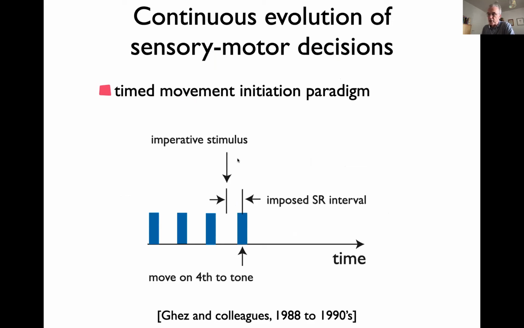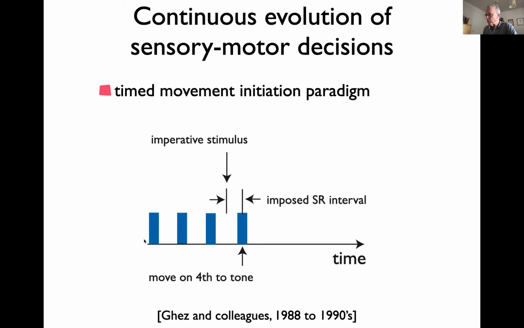It turns out one can actually observe that directly in behavioral experiments. One way to do that is what is called the time movement initiation paradigm that Claude Ghez and his colleagues exploited. It was invented by someone else whose name I forgot in the late 60s, but Claude Ghez really elaborated that for other reasons, other motivations.